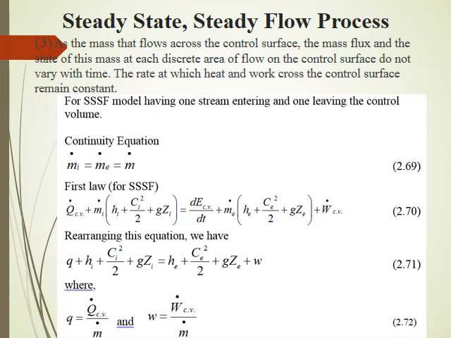C squared by 2 will also have the unit of kilojoule per kg. gz will also be in kilojoule per kg. Same is the case for all the terms on the right hand side of the equation. Every term is in kilojoule per kg. So you should be careful about the units while doing numerical problems, that every term in equation 2.71 has to be in kilojoule per kg.